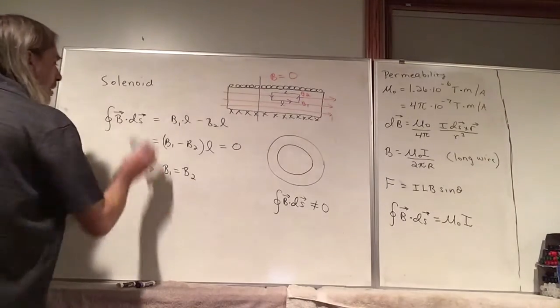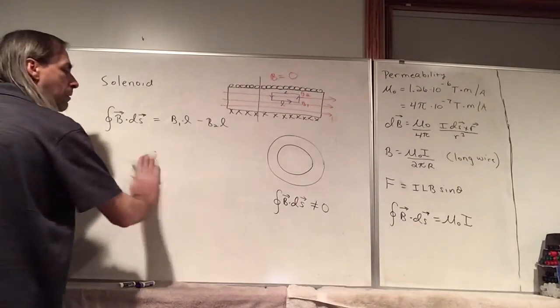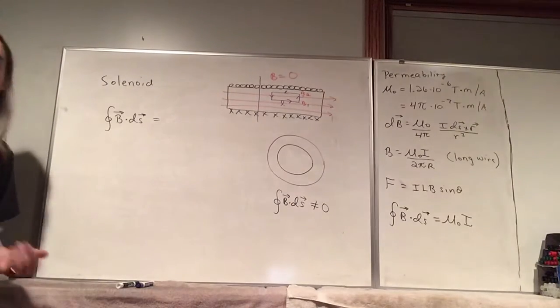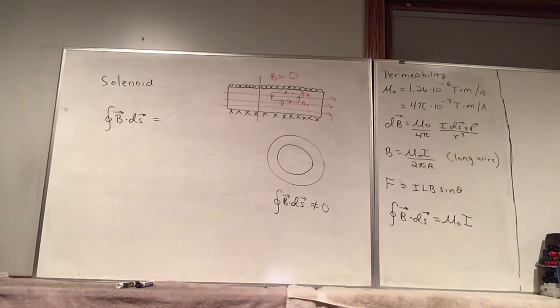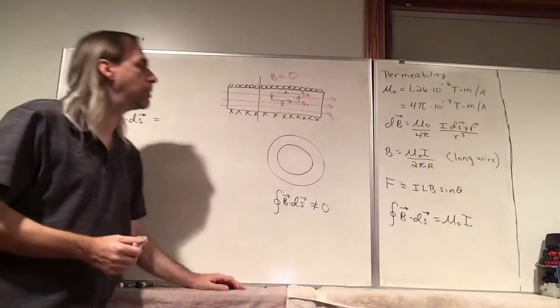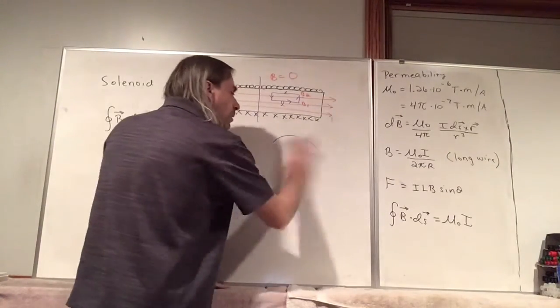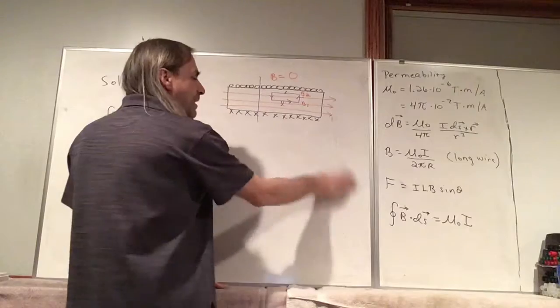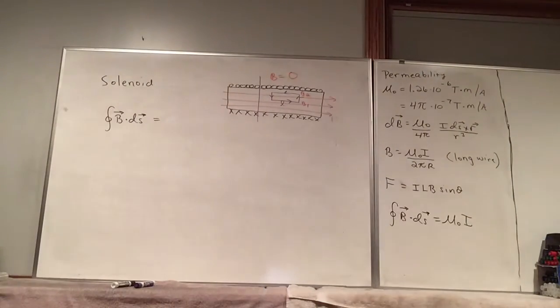Okay. But now we know the magnetic field inside is significant, unlike the magnetic field outside the solenoid. We know it's constant in magnitude everywhere, but now we want to know what it actually is.